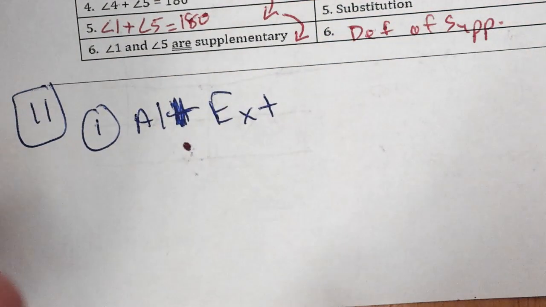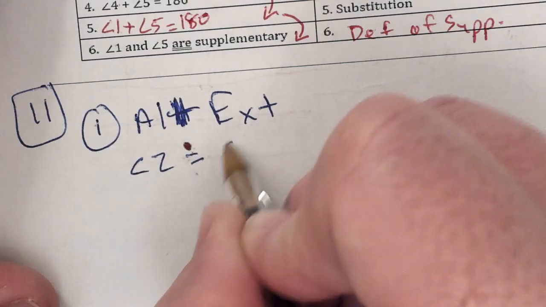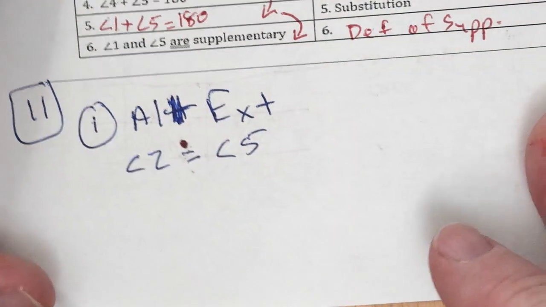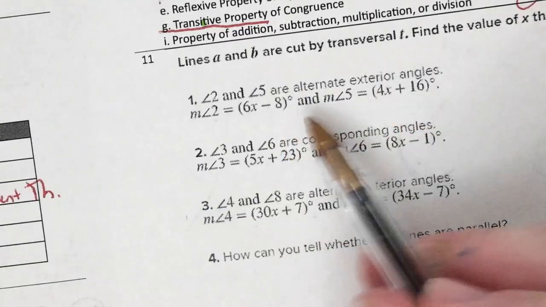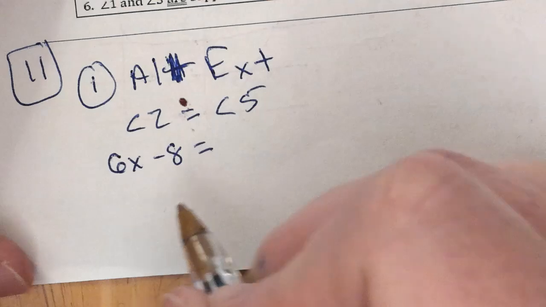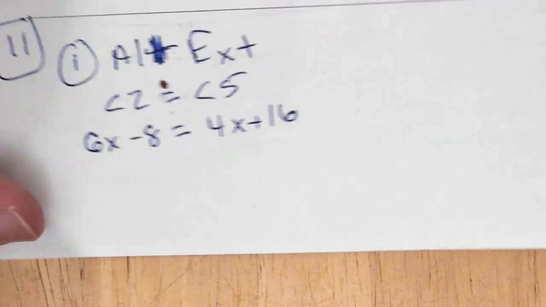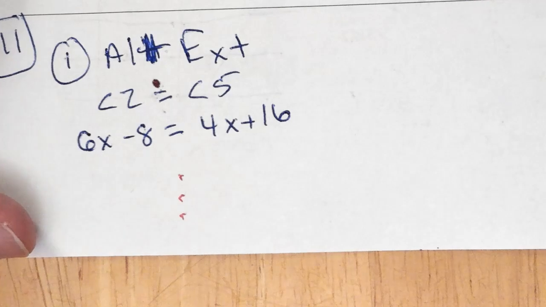And alternate exterior is supposed to be equal to each other, right? So that would be angle 2 is equal to angle 5. Because that's what they said right there, right? And so all we have to do is replace it with the x's. So we have 6x minus 8 is equal to 4x plus 16. And now it is your job to solve.